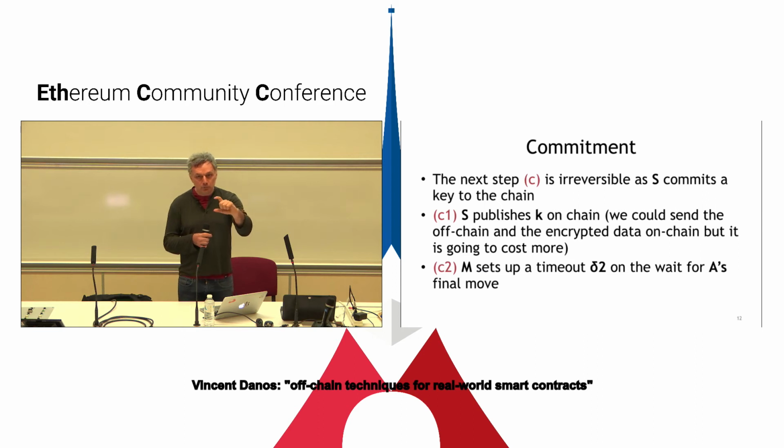It's a timeout post that commitment from the seller, and it's a timeout that can be much longer, depending on the application, which is the time we give to Alice to post a challenge to the interaction, or to challenge that the path followed by the players was honest. Here I'm using honest in a technical way, right? It means just as in the protocol, right? You may be honest and not technically honest because you're just making a mistake or something.